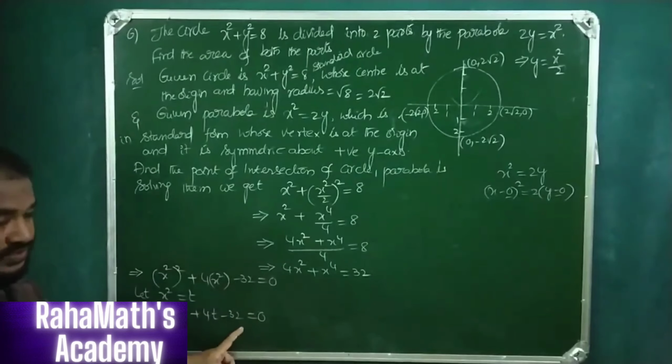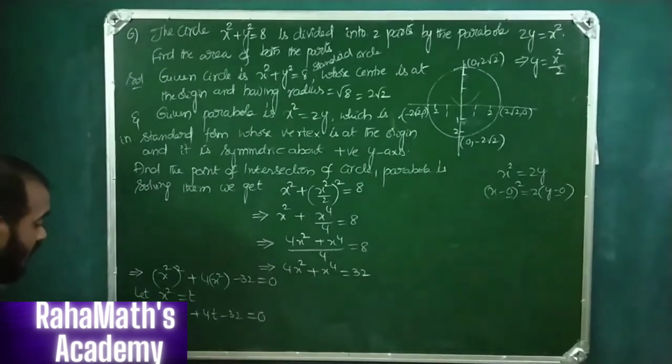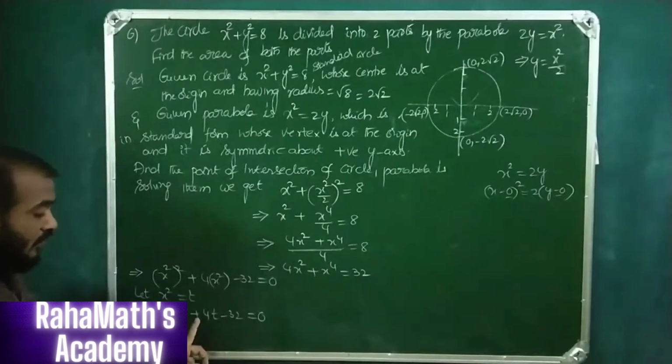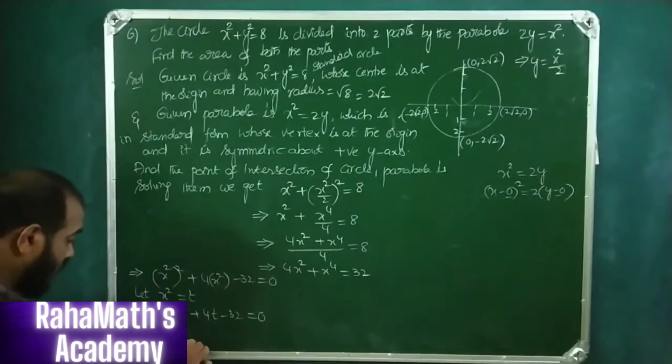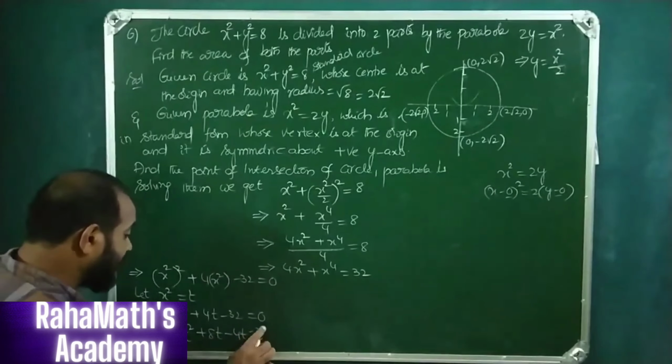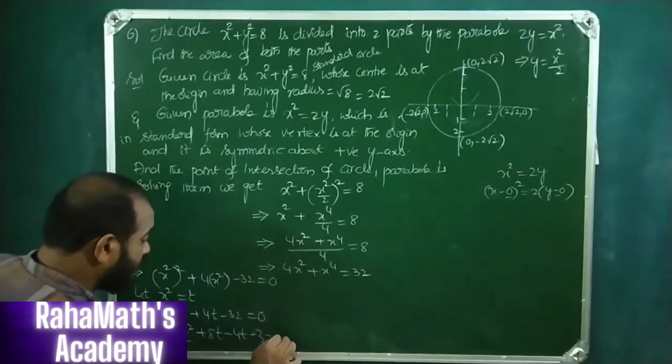This is a quadratic equation in terms of t, therefore it must have two roots. So 8 4s are 32, and 8 minus 4 is 4. So t square plus 8t minus 4t minus 32 equals 0.